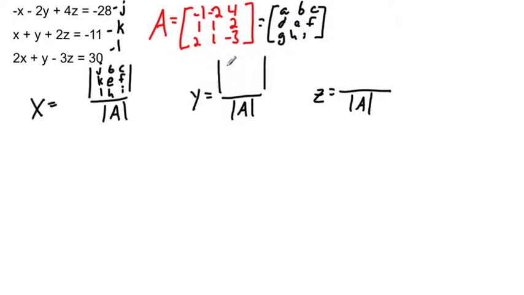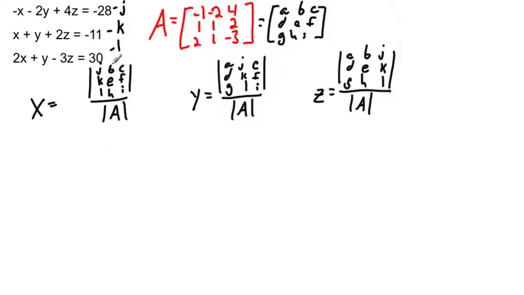Likewise, for the y equation, my first column and my last column are untouched. But since I'm solving for y, I'm going to replace that column with J, K, and L. And on to z, where my first two columns remain untouched, and I replace my z column with J, K, and L. So that's just it.